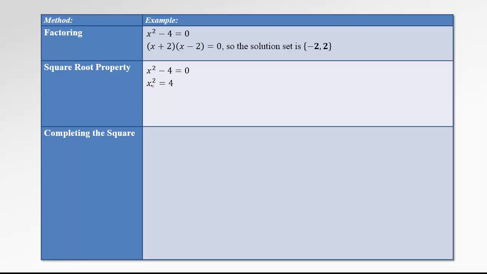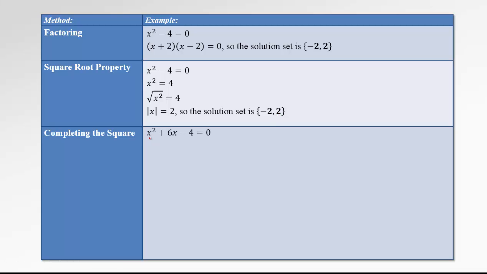Okay, let's move the 4 to the other side. We apply the square root to both sides. The square root of x squared is equal to the absolute value of x, and the square root of 4 is 2. Now, this absolute value equation gives us two possibilities, x equals 2 or x equals -2. So our solution set is as before, -2 and 2.